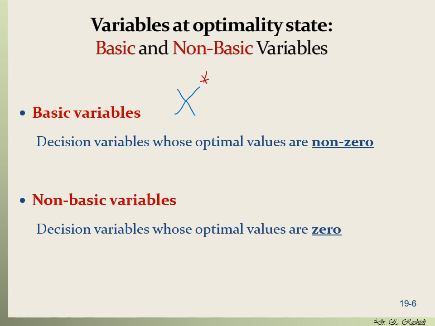So X here is capital X, and that stands for an array of decision variables. That means that there are more dimensions here. So suppose that we have n dimensions: x1, x2, x3, and xn.